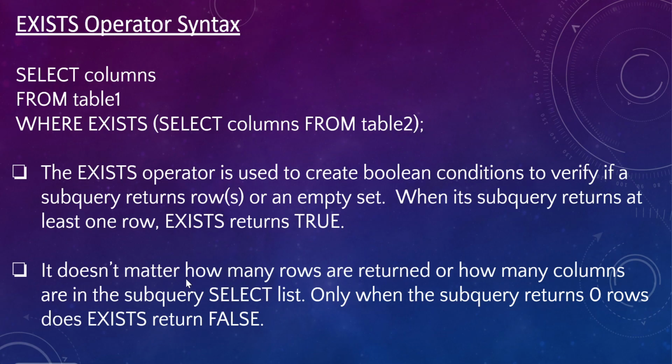It doesn't matter how many rows are returned or how many columns are in the subquery select list. Only when the subquery returns 0 rows does exist return false. So even if one row is returned from the subquery, then exist will return true, else it will return false.